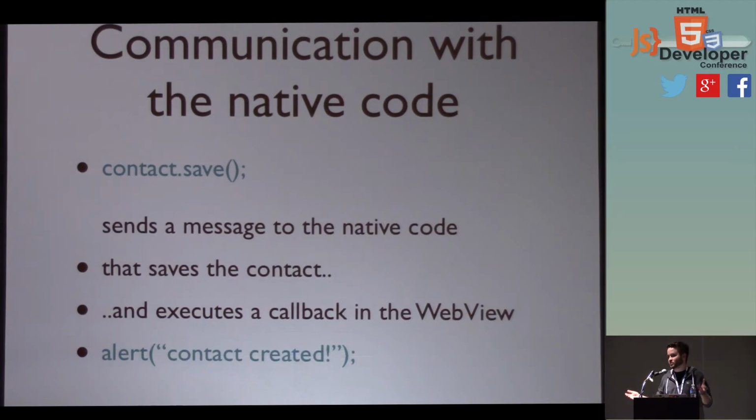And if it fails for some reason, then it executes a failure callback, and you can continue from there. So the point is that the communication is always that the web view sends a message, and then something really atomic and small happens, and then the execution is given back to the web view.